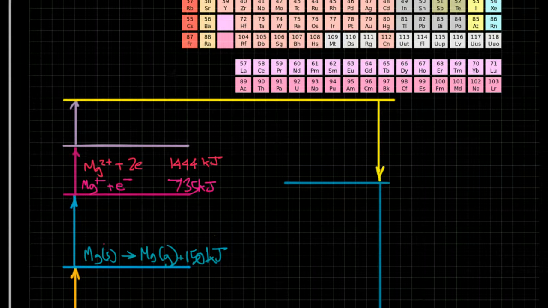The next step is, we need to separate those fluorines, right? The bond energy of the fluorine molecule. There's an easier way to write this.